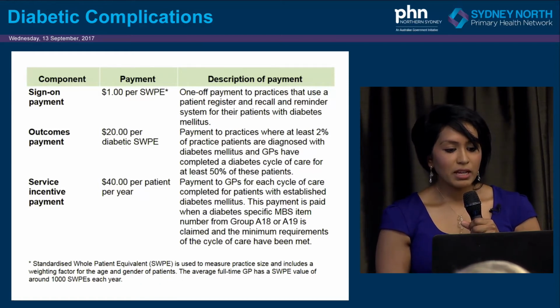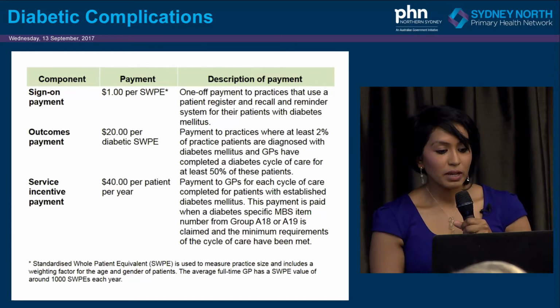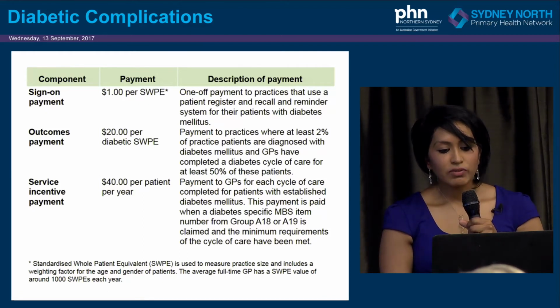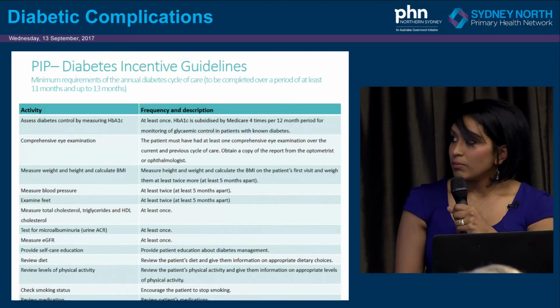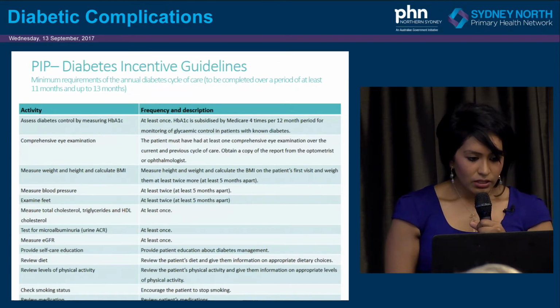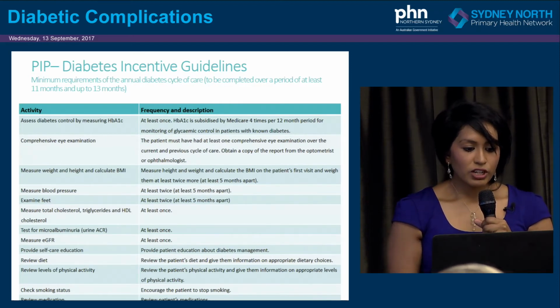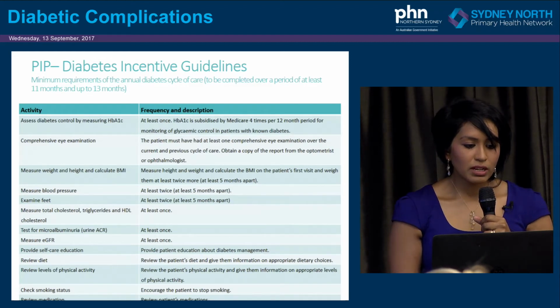You get an outcomes payment according to completing the diabetes cycle of care for at least 50% of your patients with diabetes, and there's a service incentive payment according to completion of a cycle of care per patient. So this is basically what you would need to be achieving each 12-month period for your patients with diabetes.